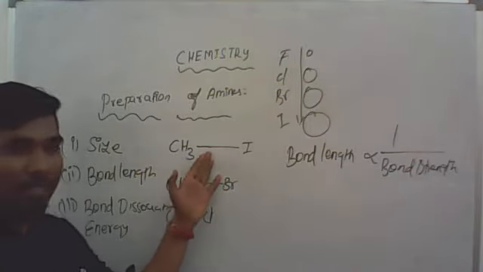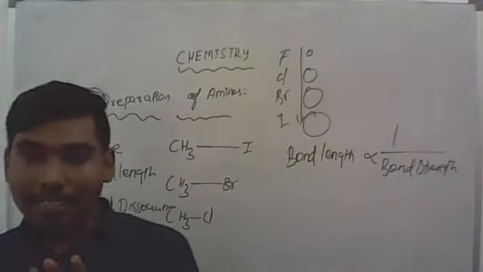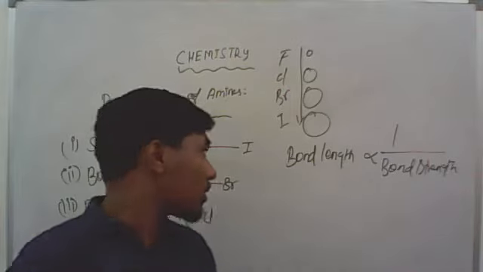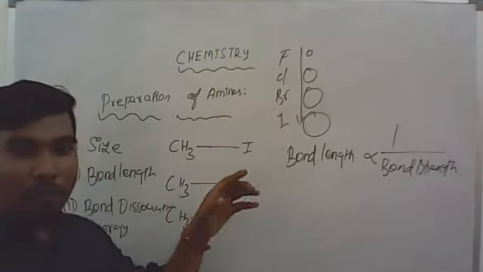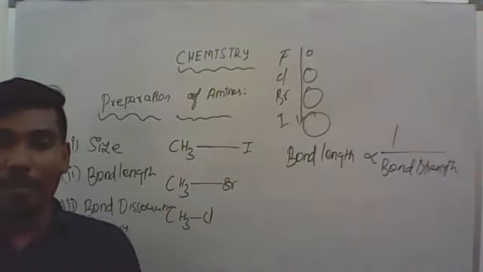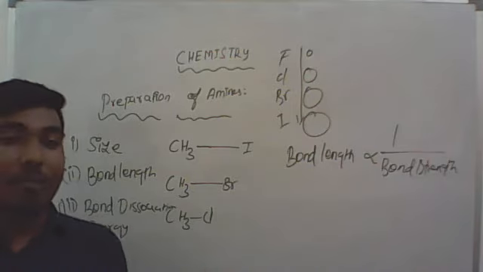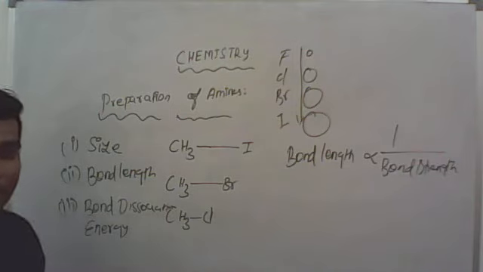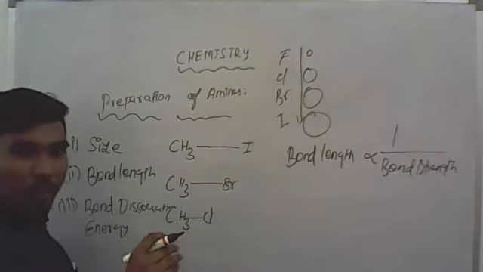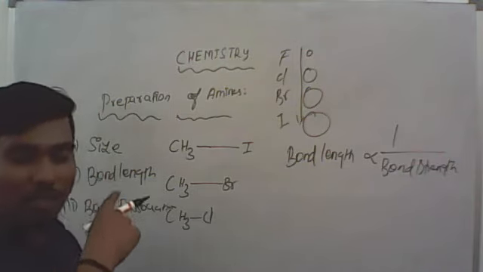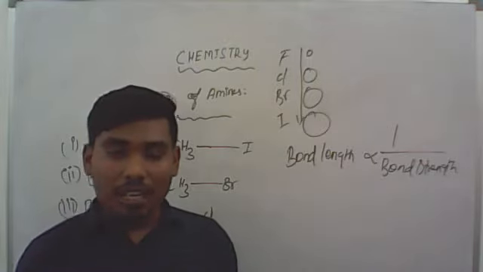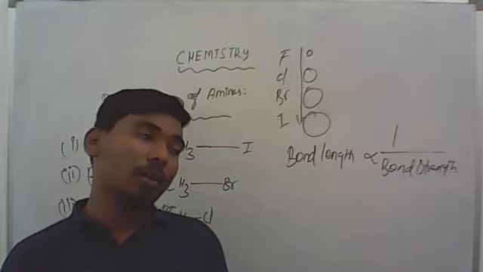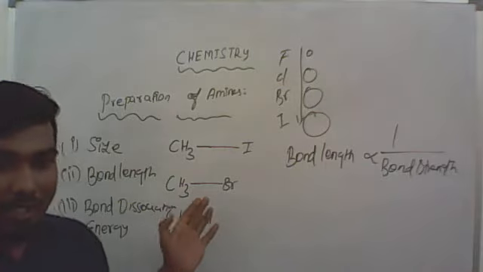Why does the bond strength decrease? Because of the attractive force between the two atoms. If the bond length is high, the attractive force between the two atoms is very low, so we spend less bond dissociation energy. What do we mean by bond dissociation energy? The amount of energy required to break the bond is called the bond dissociation energy.